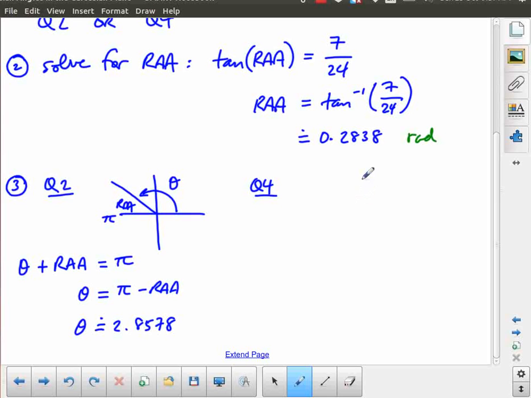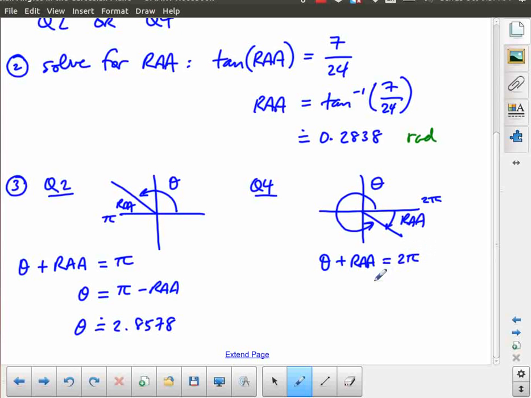In quadrant 4 means I'm down here. So there is my principal angle theta, and that means my related acute angle is here. And in this case, we've talked about the fact that we start here on the positive x-axis, but if we go all the way around, that's the same as having gone around to 2 pi. So in this case, theta plus the related acute angle is equal to 2 pi, or theta is equal to 2 pi minus the related acute angle.